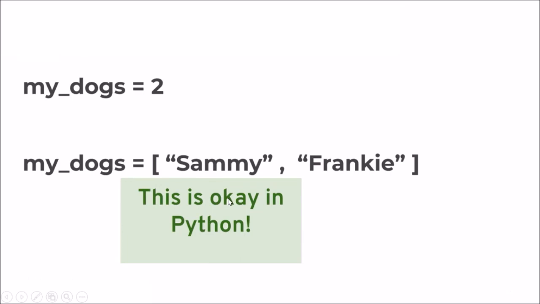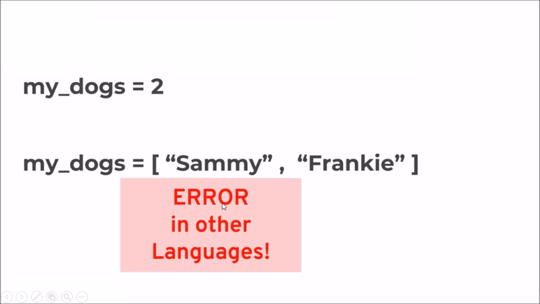In the Python environment, it is fine, it is flexible. If I have two dogs, I give the value 2 and I also use a list. This is okay in Python, but in other languages it shows an error, whether I want to keep this as 2 or as a list. So this shows how flexible Python is, right?